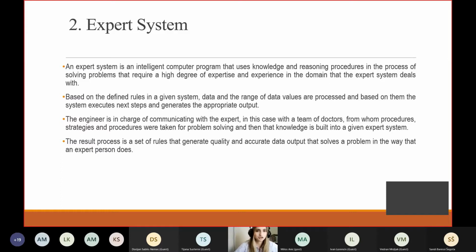Implementation and construction of expert systems include a set of methods, rules, and procedures such as collection, presentation, and memorization of knowledge, but also the use of human resources to solve a complex problem situation. The result is a set of rules that generate quality and accurate data output that solves a problem in the way that an expert person does.